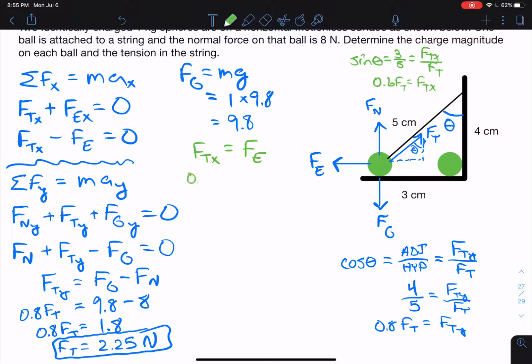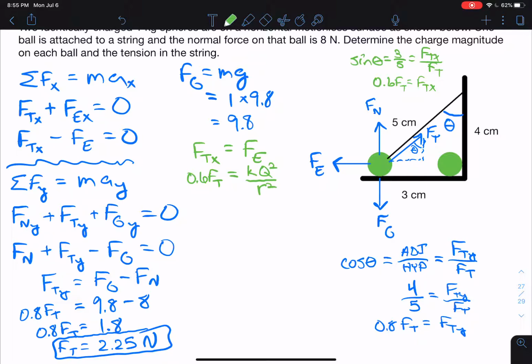So this is 0.6 times FT. FE is K, so I'm just using Coulomb's law now for the electrostatic force, so that's K Q1 times Q2, but Q1 and Q2 are the same, so I can just put Q squared over R squared.